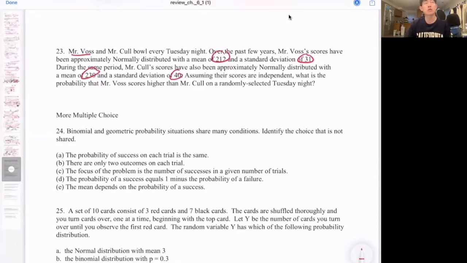Okay, so we're comparing the values. What is the probability that Mr. Voss, so we're going to call V, is greater than C, Mr. Cole here? So what we want to do, we have a normal distribution curve.